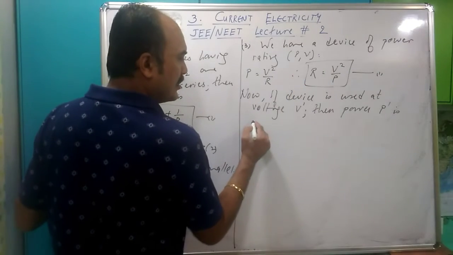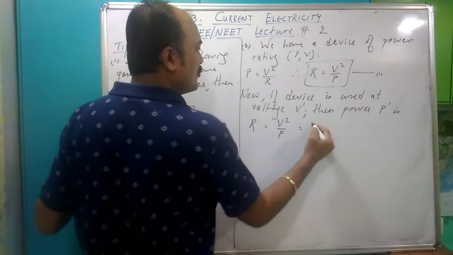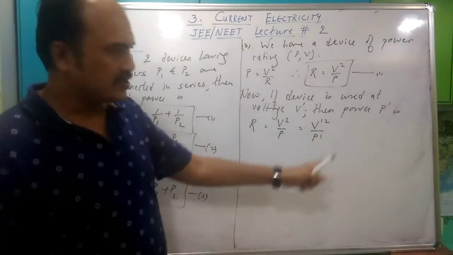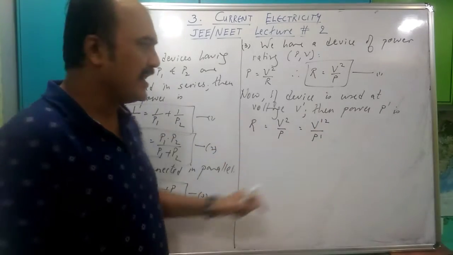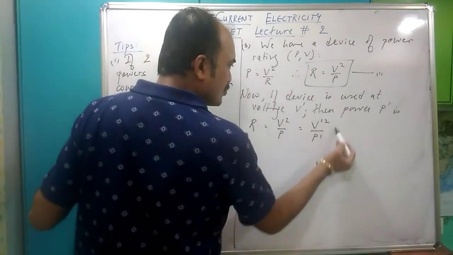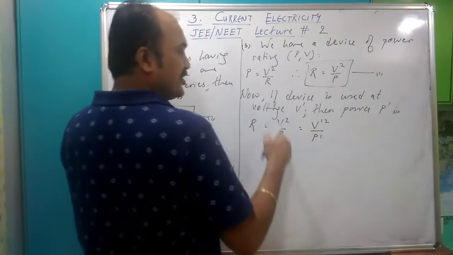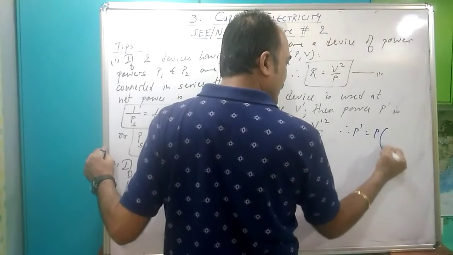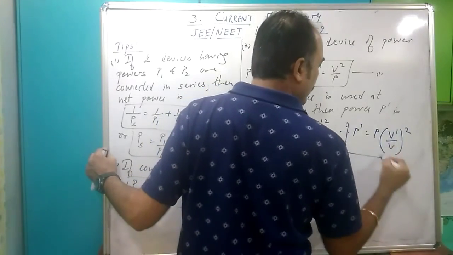So, R will be V square by P, which will also be V dash square by P dash. So, R will remain same. If you use it at voltage V dash, it will give you power P dash. I am going to utilize these two and find a lovely equation. I'll take P dash here, P here. So, P dash is P in bracket V dash by V the whole square.